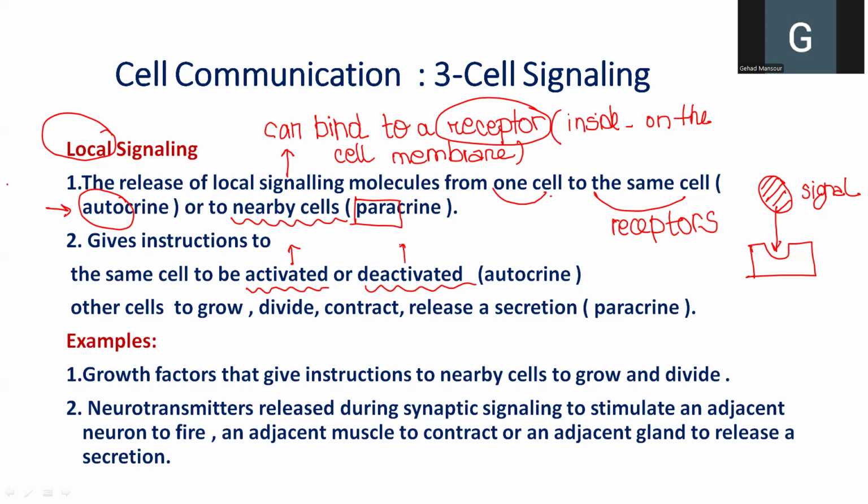Growth factors are considered signaling molecules, and they are the first example. They are produced by one cell and induce a nearby cell to divide, first to grow in size and then to divide. And notice that growth factors are not the growth hormone.